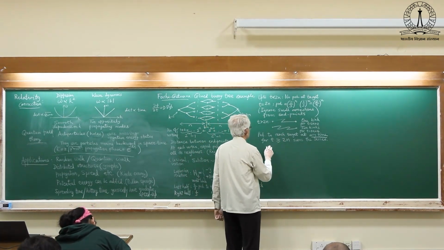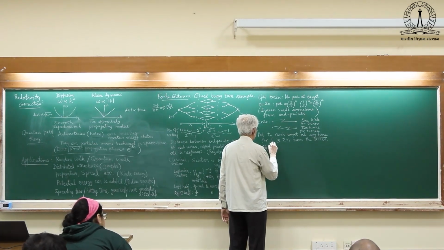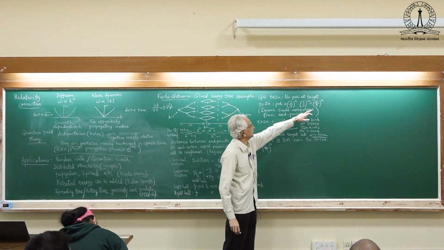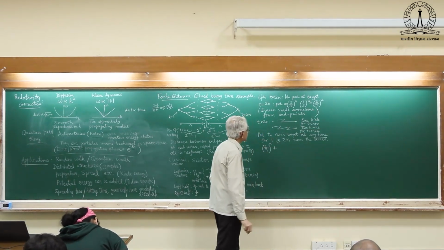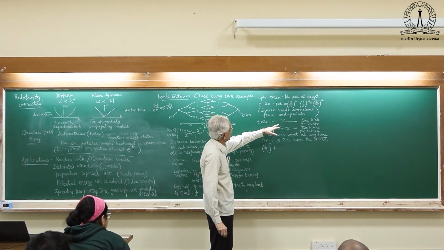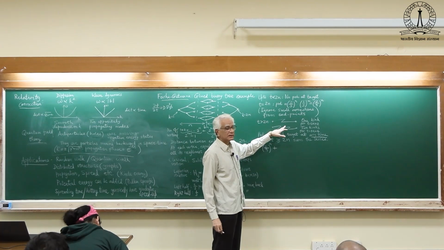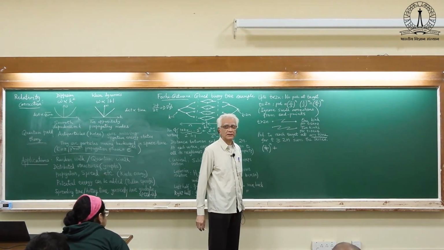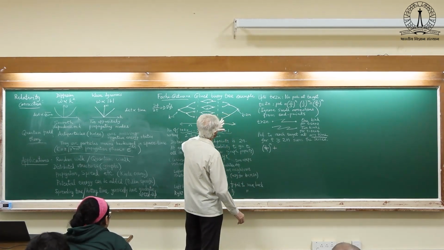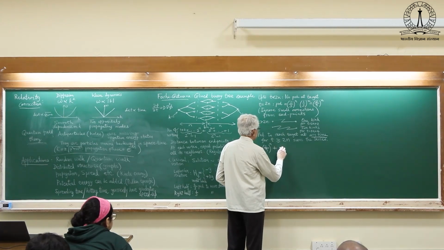And so what are these terms? So the first term is just this, plus the second term will have one kink, which will have one forward and one backward propagation anywhere, doesn't matter, but that will give an extra factor.